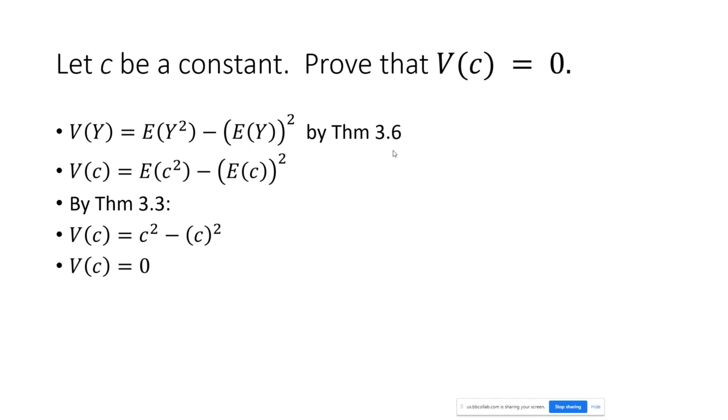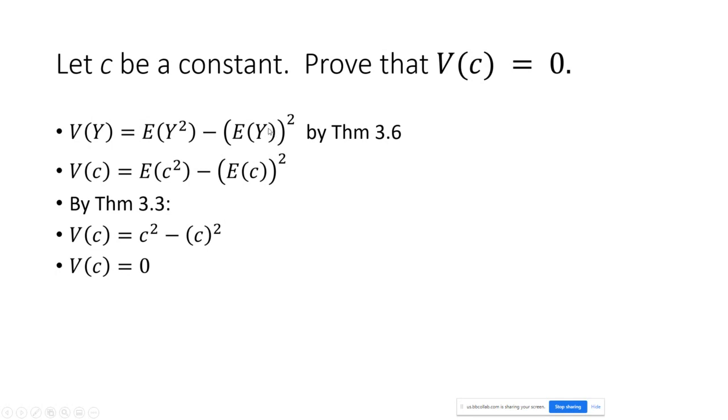So something to point out here is a lot of these proofs, both about variance and about expected value, start from either the definition of expected value or variance, or one of our basic theorems. So theorem 3.6 is sort of an alternative way of defining a formula for variance.